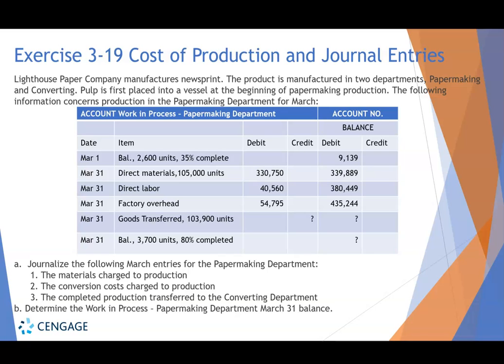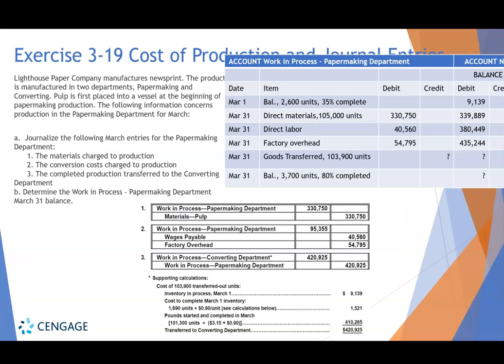We need to journalize the various transactions and then look at the balances. So here we show we would debit our work in process paper making and credit our materials pulp for the $330,750. We would also show our work in process in the paper making department, take our labor of $40,560 and our factory overhead here of $54,795.